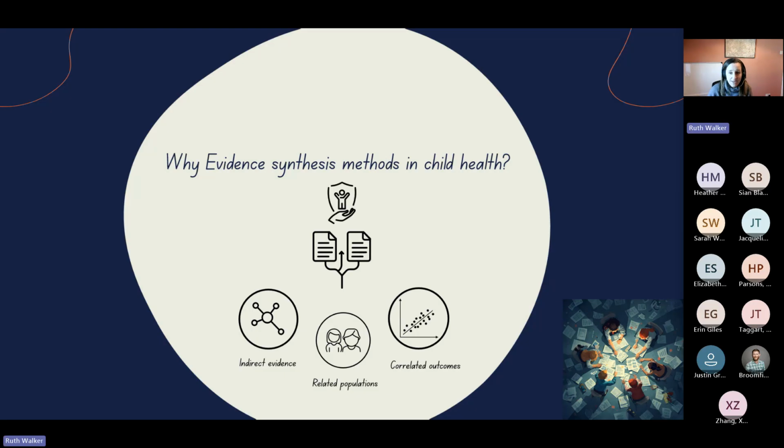And these could help to overcome the scarcity of evidence in children and improve our understanding of which health interventions work best and for whom within the child population. And this could potentially reduce the need to conduct so many clinical trials in children, and we might get away with smaller confirmatory trials by applying these evidence synthesis methods.